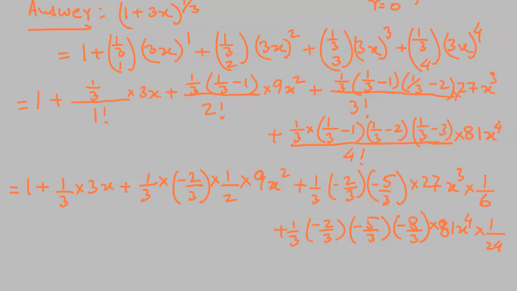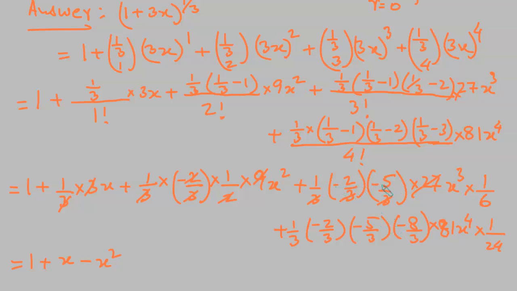So these two will be getting cancelled, these two will be getting cancelled, and these two will be getting cancelled. So let me write the terms. 1 plus this one is x. This one is minus x square. Next, 3, 3, 3, we can cancel them.